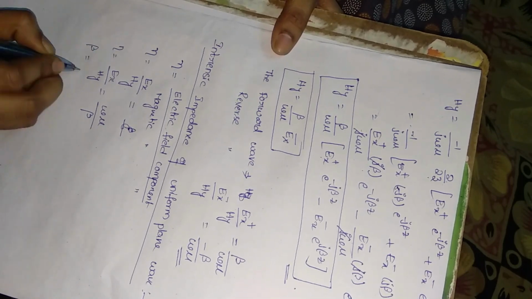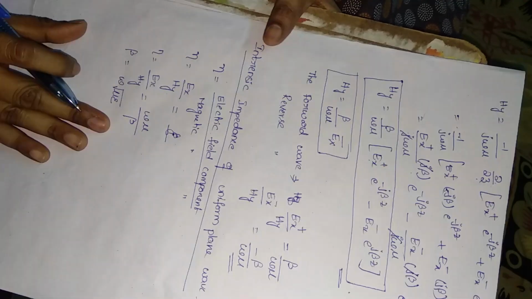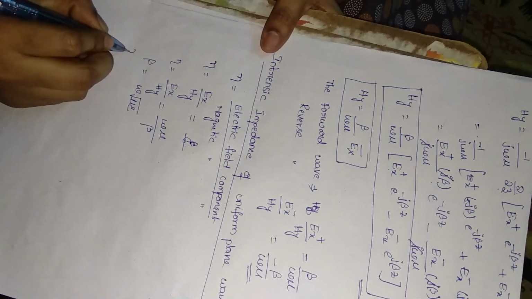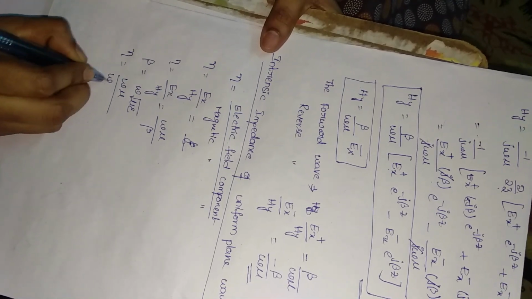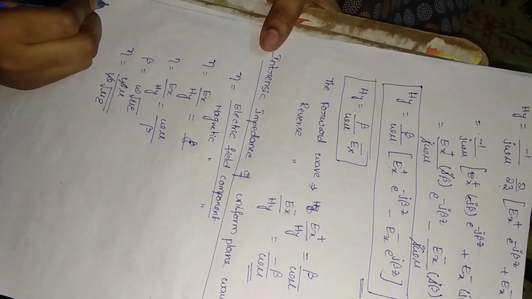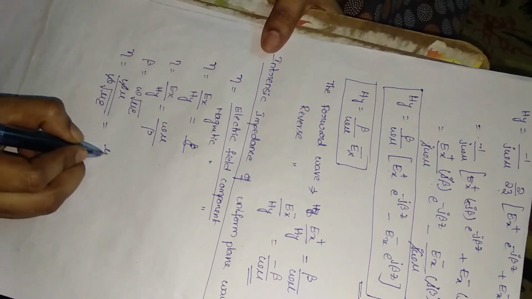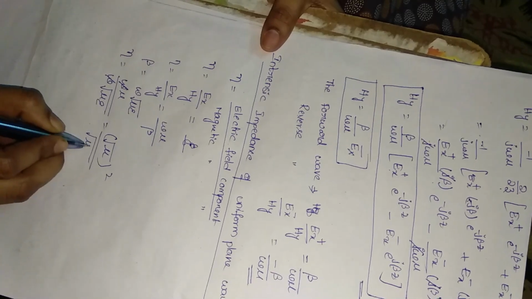We know beta is equal to omega into square root of mu epsilon. After substituting, you will get eta is equal to omega mu divided by omega root mu epsilon. Omega will get cancelled. That is equal to root mu whole square divided by square root of mu epsilon.